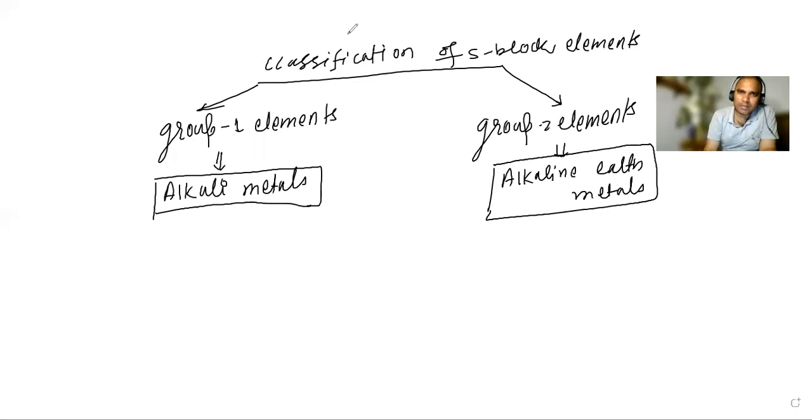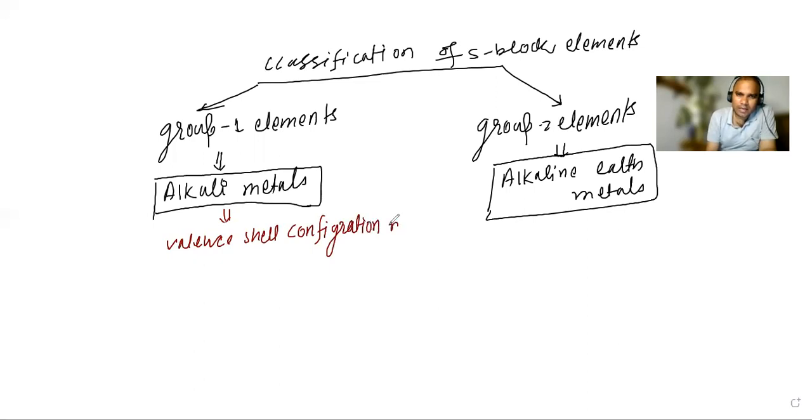Now you see these alkali metals. What is their valence shell configuration? Here it will be ns1. And for the alkaline earth metals, the valence shell configuration is ns2.